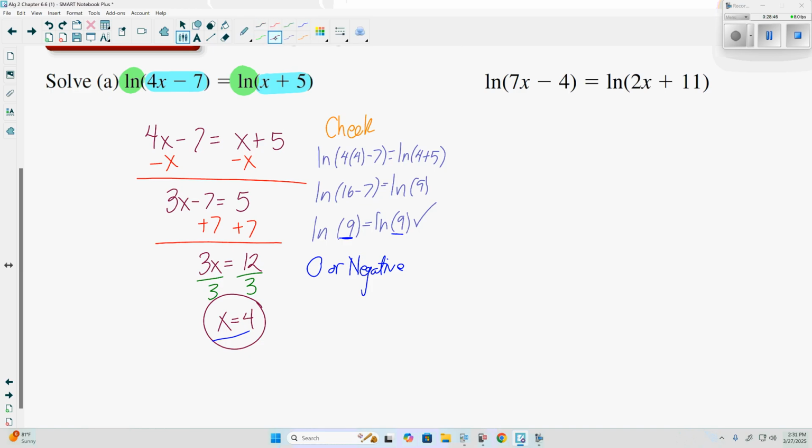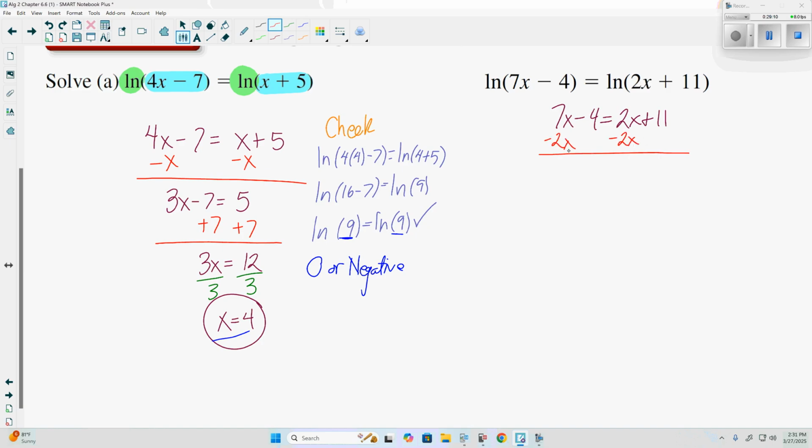Natural log of 7x minus 4 equals the natural log of 2x plus 11. Since the logs are the same, and there's only one log on either side, you can set them equal to each other. And now we just need to solve for the value of x.